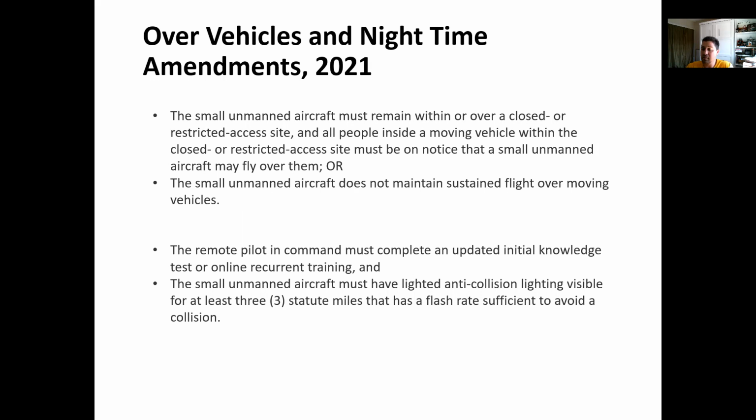Let's see, the small aircraft does not maintain sustained flight over moving vehicles. So if you're flying directly over the same moving vehicles all the time, those people should know about it. If it's scanning over moving vehicles and the people are inside the vehicles and they're protected, this amendment is saying it's okay to fly over vehicles, again, if it's not a sustained flight operation.